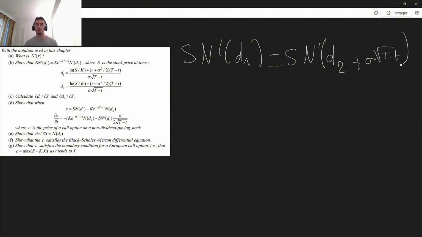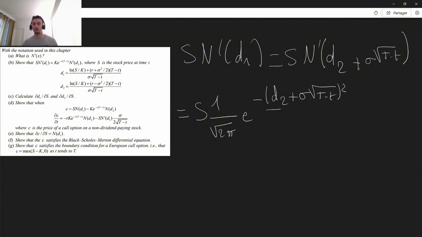So this is a simple relationship that links d1 and d2. And once we develop everything, we use the first question, of course, and we have minus d2 plus sigma square root of T minus t, squared, divided by 2.